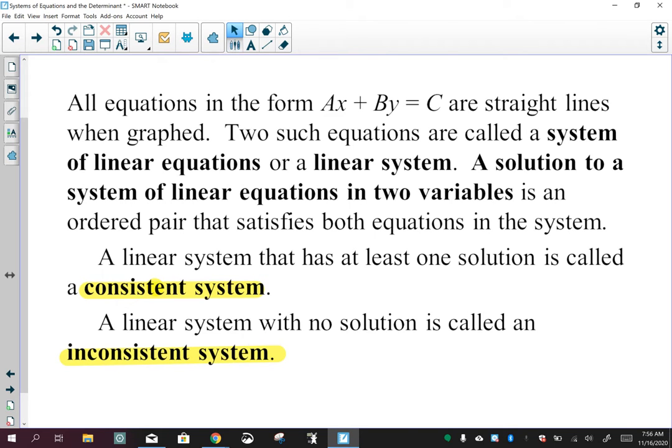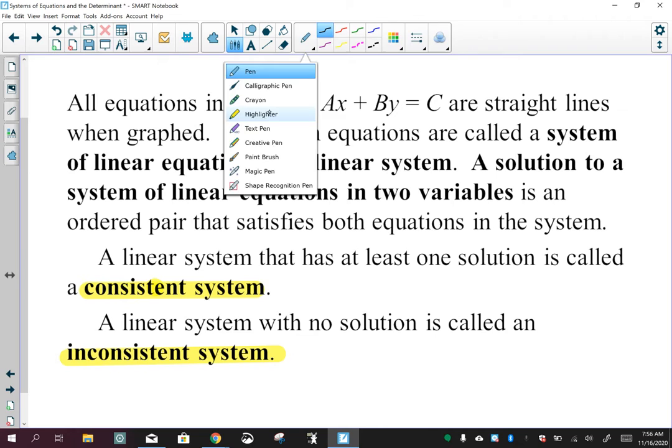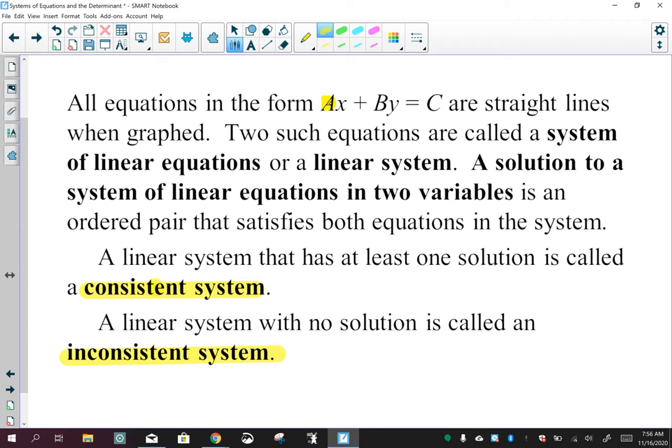When we are looking at linear equations, we're looking at them in the form of ax plus by equals c. Two or more such equations are called a system of linear equations or a linear system. A solution to a system of linear equations in two variables is going to be an ordered pair.